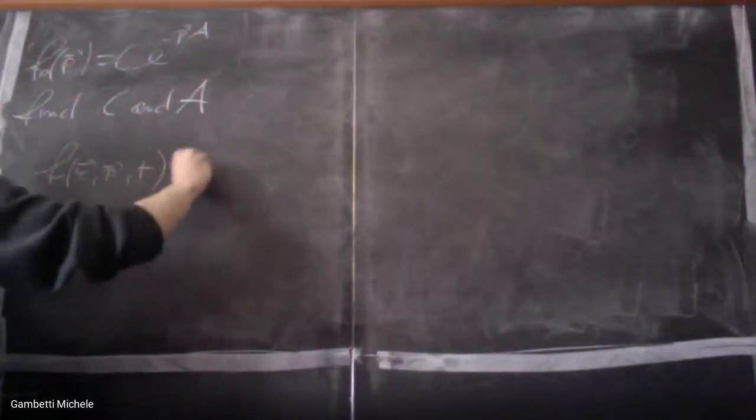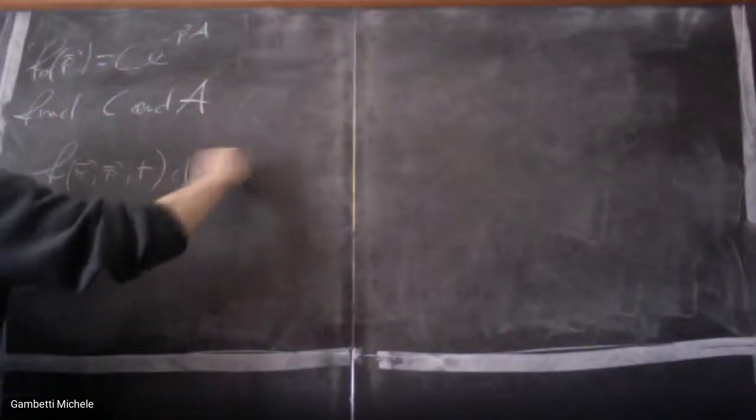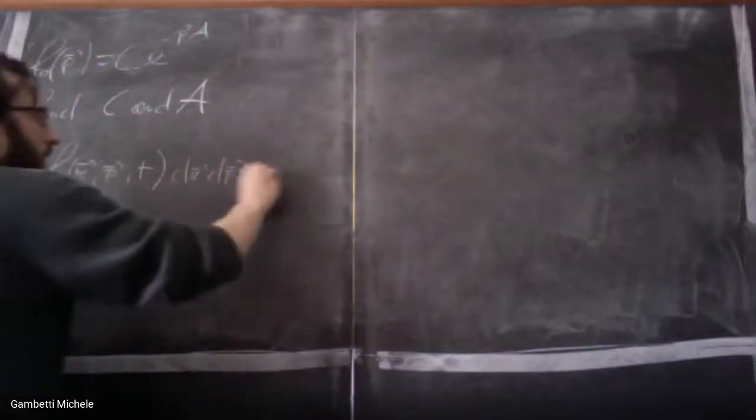Let's start with this. We know that if I have f of r, p, and t, and I integrate over r and over p, this must provide the total number of particles.